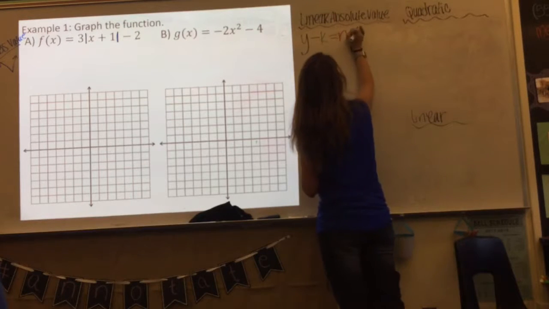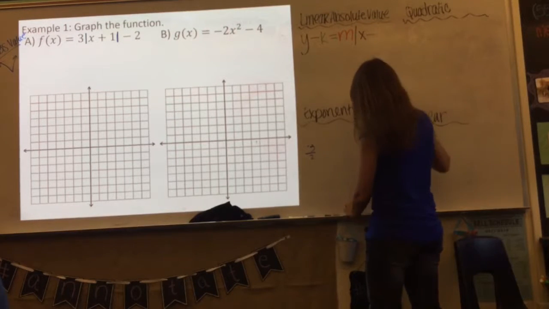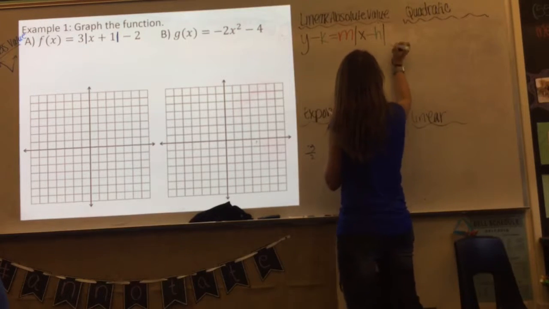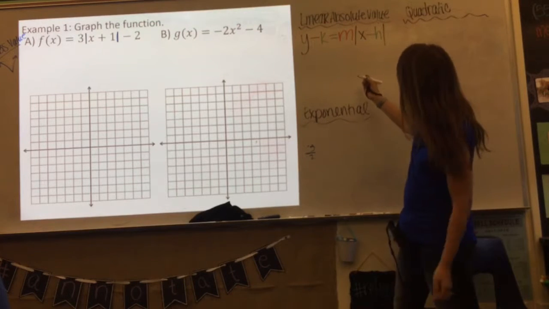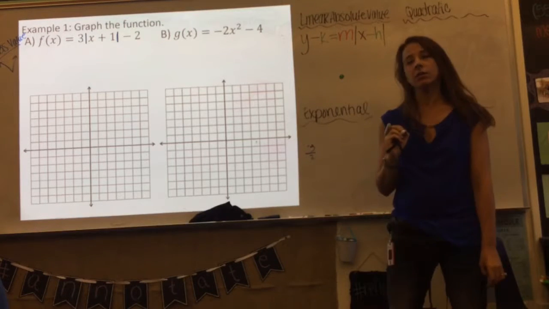Slope. And then the absolute value bars, x minus what? H. Very good. Now, for an absolute value, the HK is always that pointy part on the V.